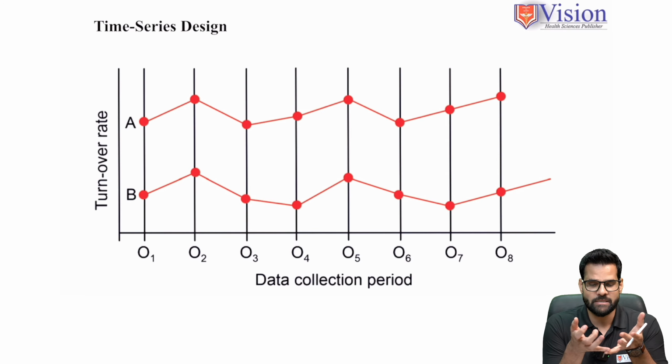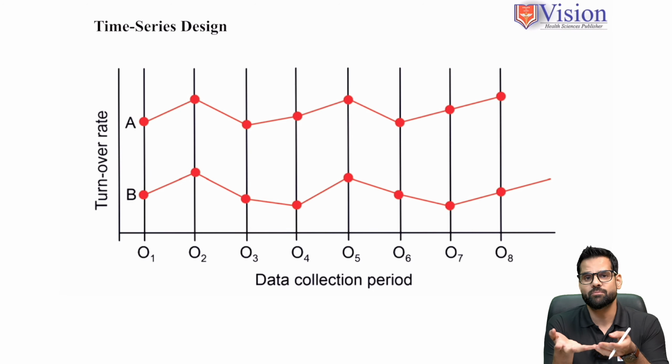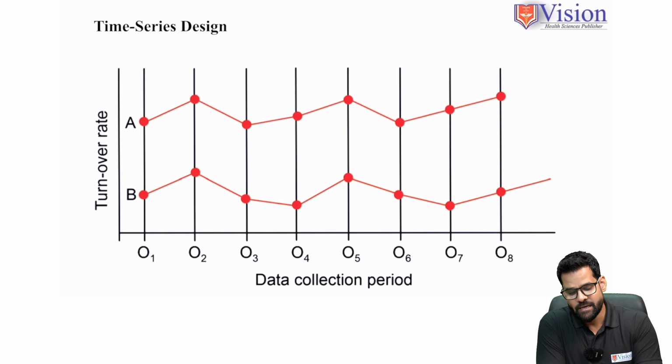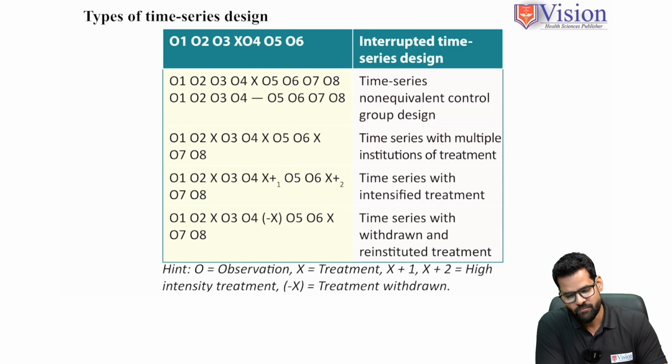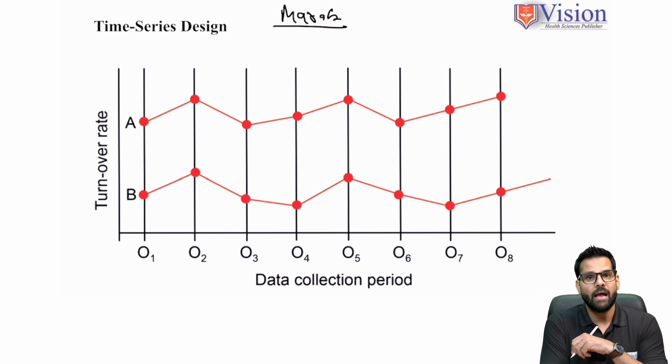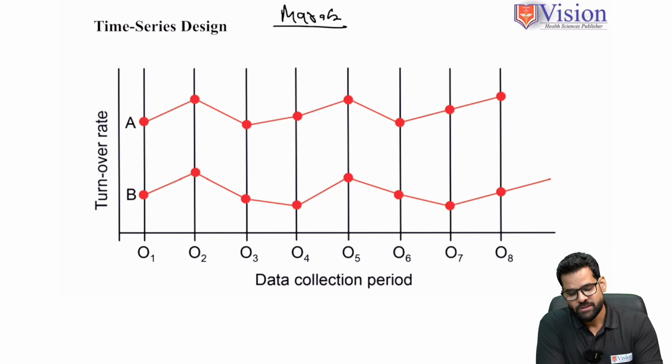Like, if you are studying the impact of a health education program in terms of the prevalence of malaria, after giving this health education program, how far the prevalence of malaria has come down. Now suppose you started giving the program in the month of March, and in the month of March you made a first observation.